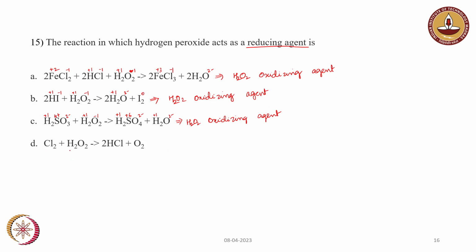And next one is Cl2 plus H2O2 giving HCl plus O2. Here chlorine is in zero oxidation state. In H2O2, hydrogen in plus 1, oxygen in minus 1 oxidation state, and in HCl, H is in plus 1 and Cl is minus 1 state, and oxygen is in zero oxidation state. So here Cl from zero oxidation state it went to minus 1, so it's a reduction.